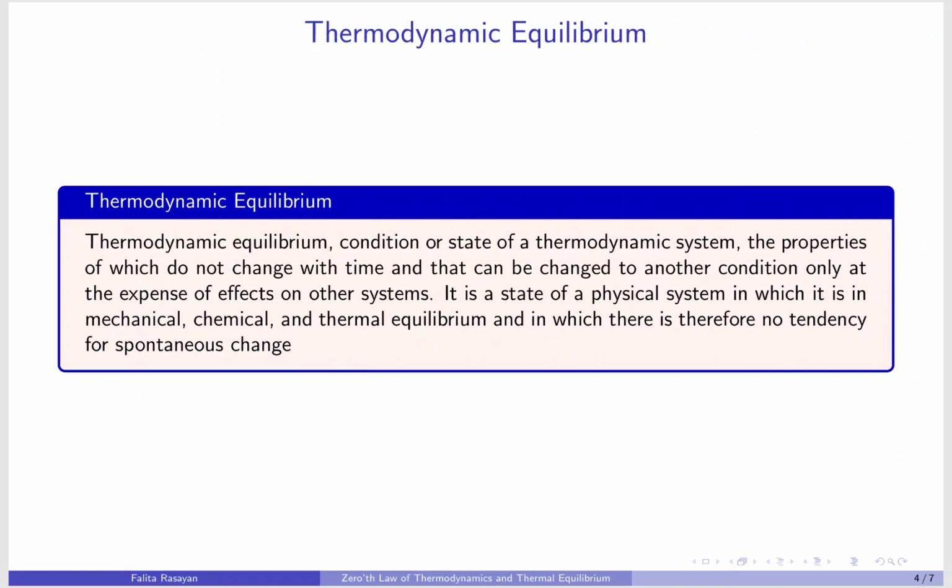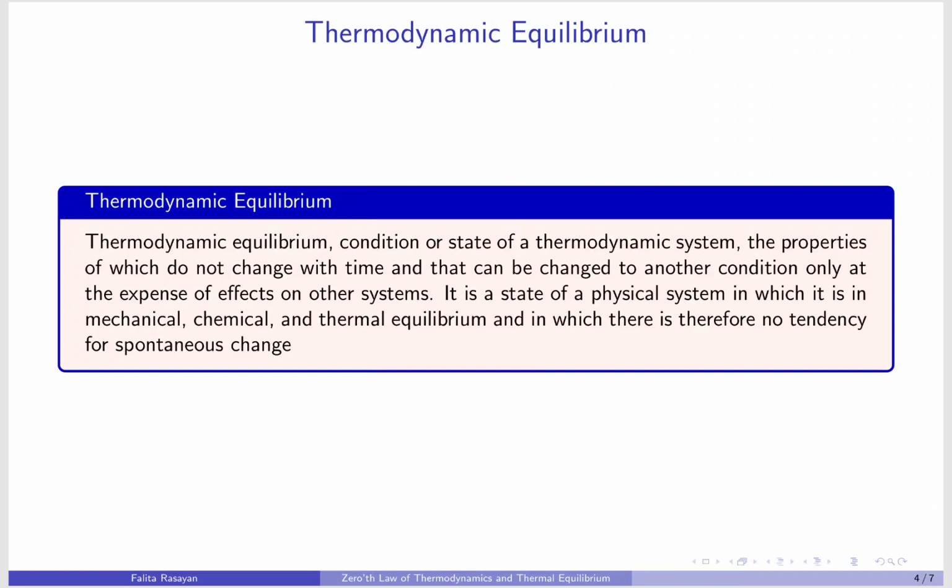So, thermodynamic equilibrium is a state of a physical system in which it is in mechanical, chemical and thermal equilibrium, and in which there is therefore no tendency for spontaneous change. That is, no tendency for change without the aid of an external agency. What are mechanical, chemical and thermal equilibrium?